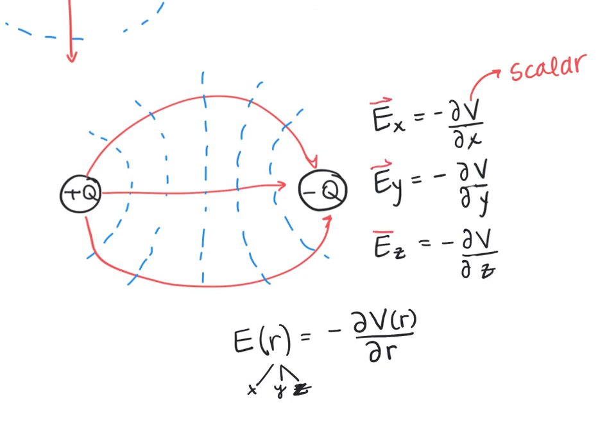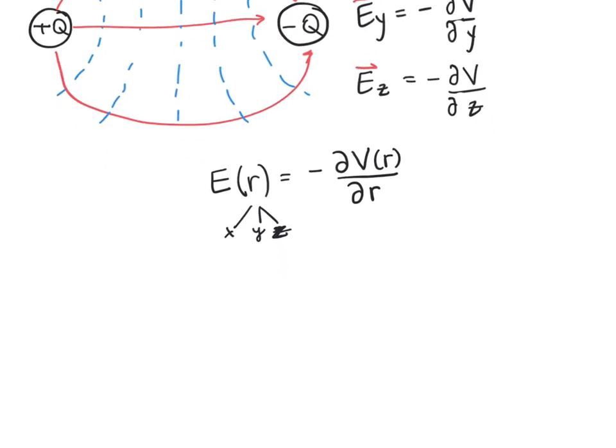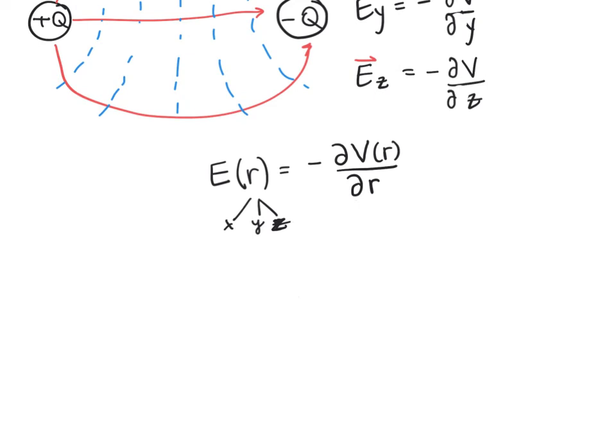So we're able to determine the vector from taking this partial derivative of a scalar. For simplicity's sake, we often write this as the electric field is equal to the negative gradient of the electric potential function.